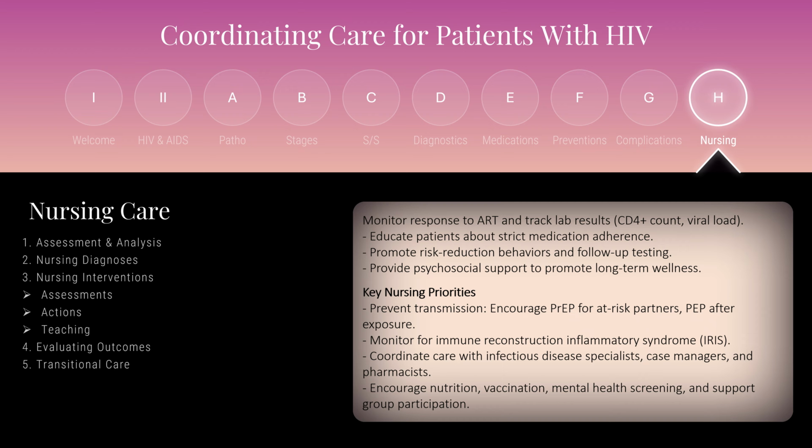Two, nursing diagnoses. We know it's a risk for infection, immunosuppression. And then we have imbalanced nutrition, less than body requirements, risk for fluid volume deficit, also anxiety, diagnosis, disease progression, knowledge deficit related to self-care and disease process.